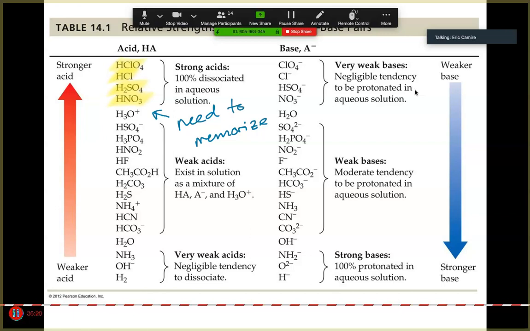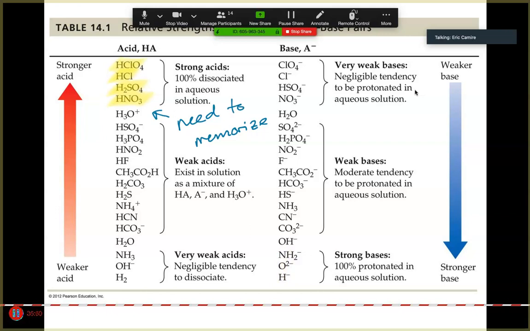This definition also, under certain circumstances, applies to bases, though it gets a little bit more complicated. But I do want you to know what strong bases are, and this more follows the Arrhenius definition. You'll see down here, I have some bases that look a little bit strange, possibly, and we're not really going to deal with those too much.